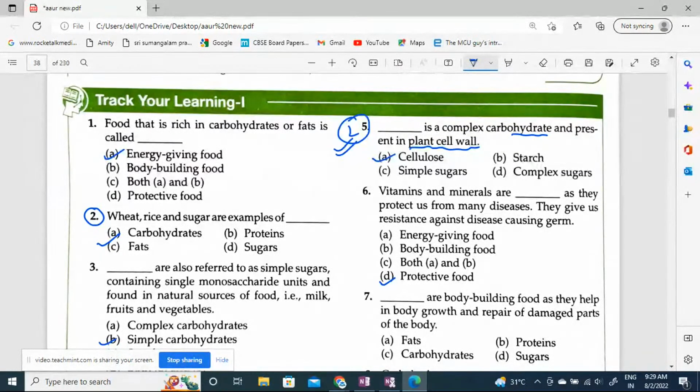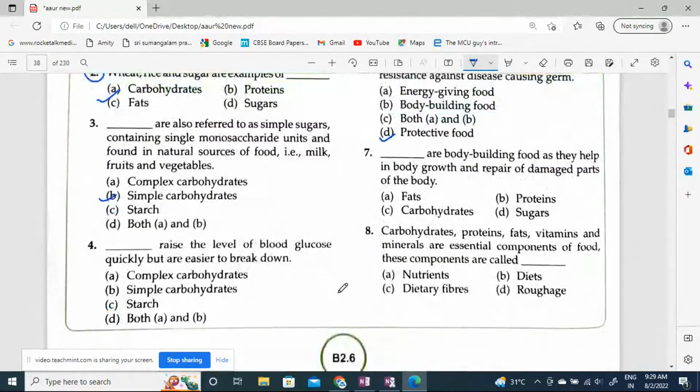Seventh. They are bodybuilding foods and they help in body growth and repair of damaged parts. Proteins.